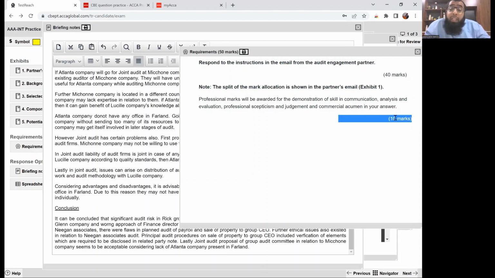Okay, so like if you talk about commercial acumen, while you are talking about joint audit, we are using commercial acumen. Since we don't have an office there, going for an audit on our own will create issues. I hope that my today's session has added value towards your chances to pass the exam.